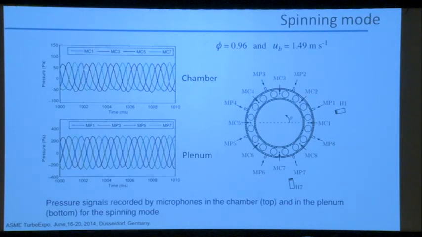And in the chamber, the microphones look like that. This is a spinning mode this time. And you see that in the chamber as well as in the plenum, the signals have these wave shapes, almost like in a textbook, where you see a spinning mode. So this is true.